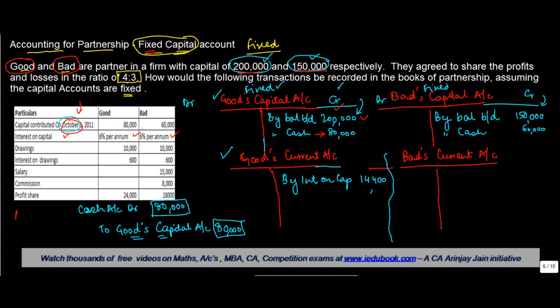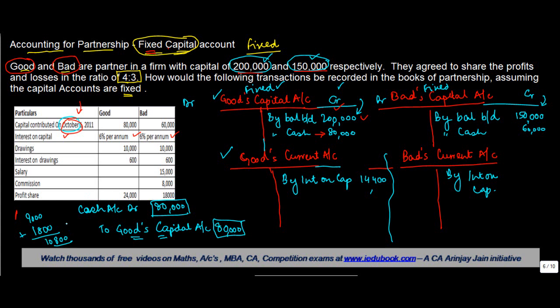Likewise, you will also have an entry in Bad's current account by interest on capital. Now how much will this be? Well, I am leaving it to you. Please find it out. The answer to this should be 1,50,000 into 6% per annum, which is 9,000, plus 60,000 into 6% per annum for 6 months, which will be 1,800.